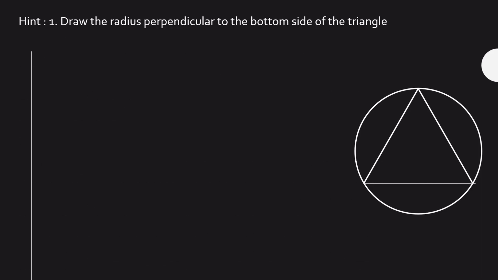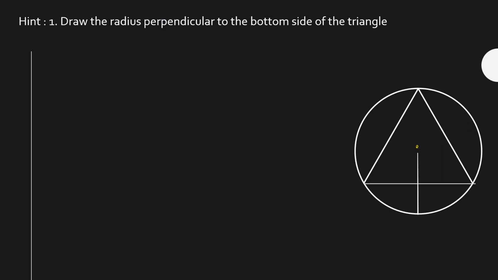So the first clue is, draw the radius perpendicular to the bottom side of the triangle. All of you first draw an equilateral triangle inscribed in a circle like this, and then draw the radius perpendicular to the bottom side. Here this is the center of the circle, and after drawing the radius perpendicular to the bottom side, we will get a figure like this, isn't it?